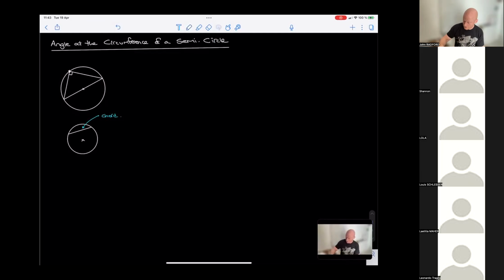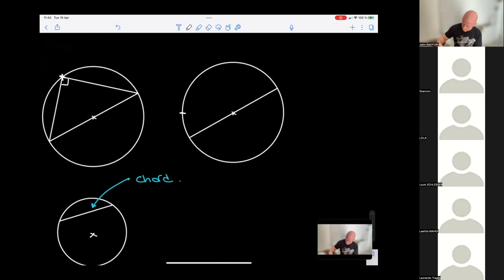You can doodle this a few times to convince yourselves. If I quickly draw a couple of these, it really doesn't matter where you place the point on the circumference. The angle it forms will always be a right angle. Always.